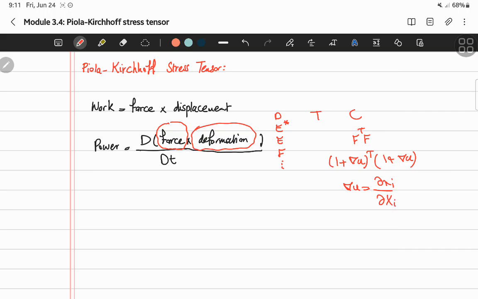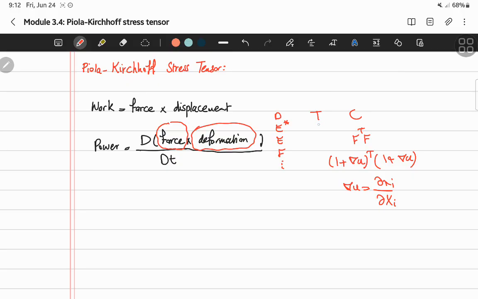So you see here that we are in the reference configuration. So one of the indices is in the reference configuration. So this is not compatible with the Cauchy stress tensor, because the Cauchy stress tensor's indices are both in the deformed configuration. So they are incompatible.